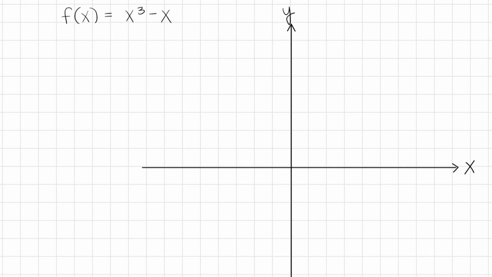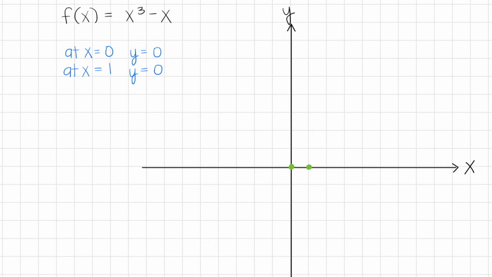Let's start with our function f of x equals x cubed minus x. We can just do this by plugging in some numbers and plotting some points so we can visualize it. Let's start with x equals 0, so wherever there's an x, we'll just plug in a 0. And if we do that, we just get y equals 0. So 0, 0. At x equals 1, 1 cubed minus 1, y also equals 0. So 1, 0.